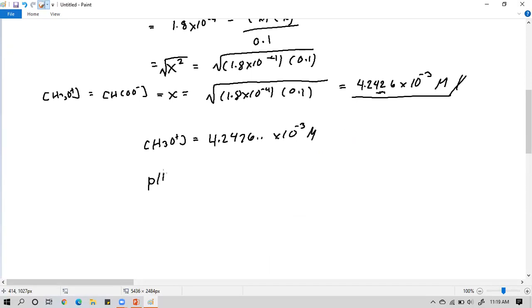In order to calculate the pH, negative log lang siya ng concentration of hydronium ion. So negative log of 4.2426 times 10 to negative 3.